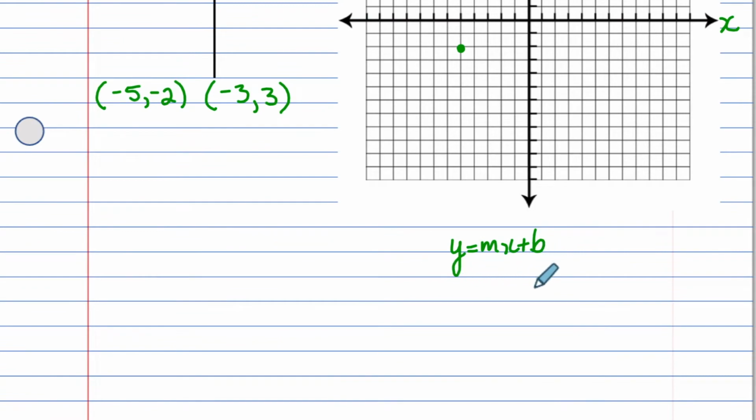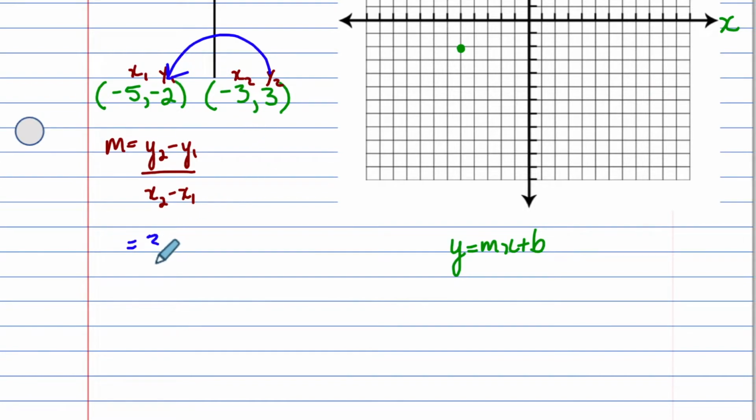To get the equation y is equal to mx plus b, we need slope. Slope comes from this formula, where we have 2 points, (x1, y1) and (x2, y2). We have the first point and we have the second point. We can go y2 minus y1, which would be a 3 minus a -2, and the x2 minus x1 goes on the bottom.